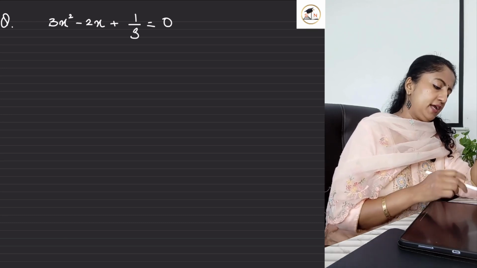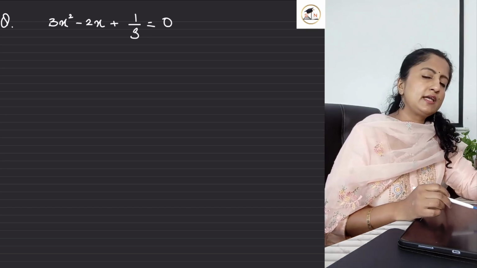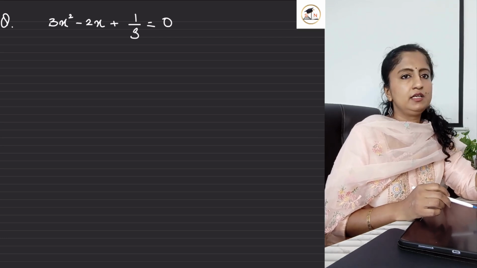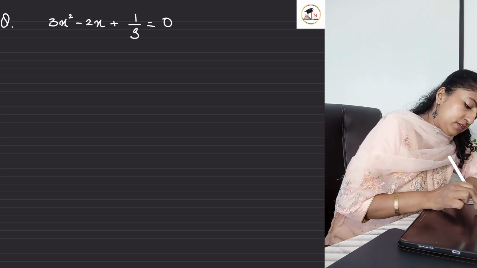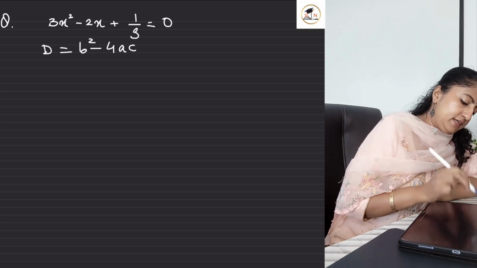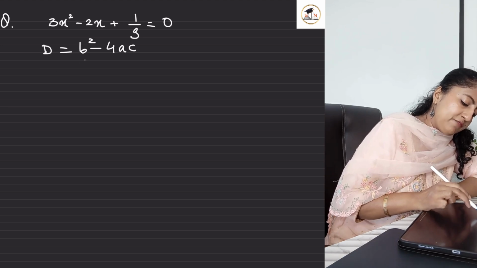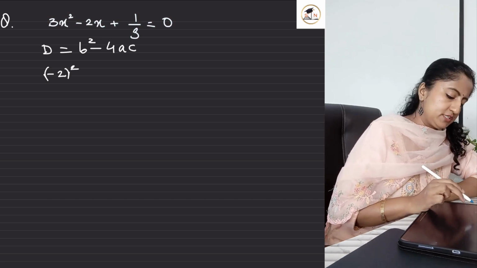Okay, now another one, also picked up from NCERT, and the question is again finding the discriminant and nature. So let's start with it. Now, d is b square minus 4ac. What do we have as b over here? Again, our b is negative, which is minus 2.